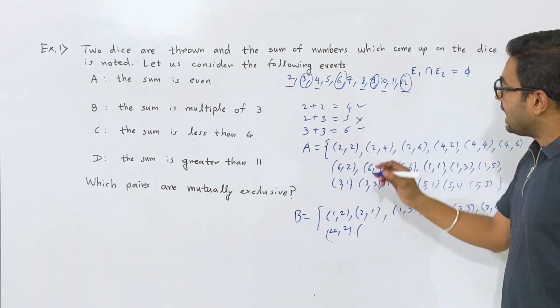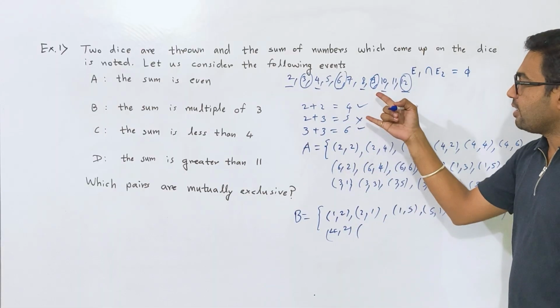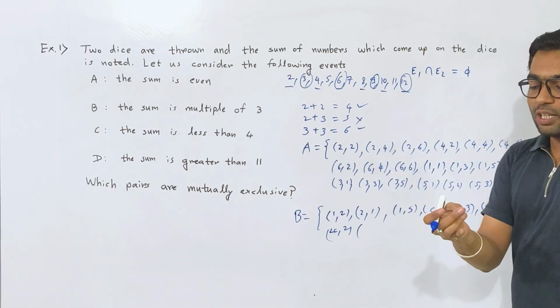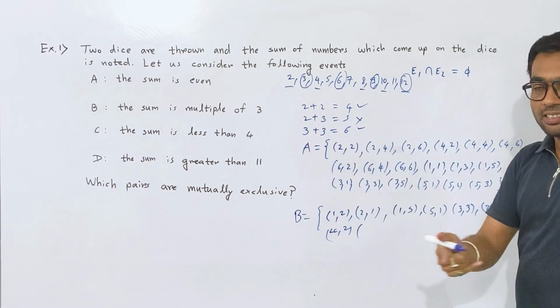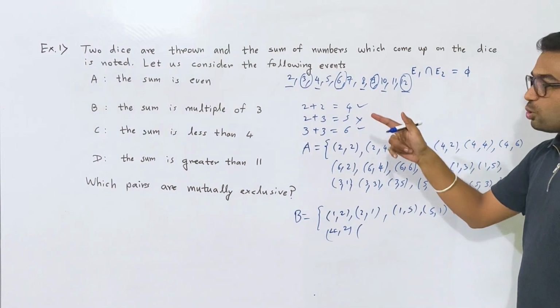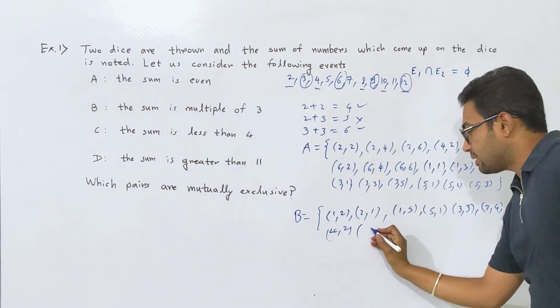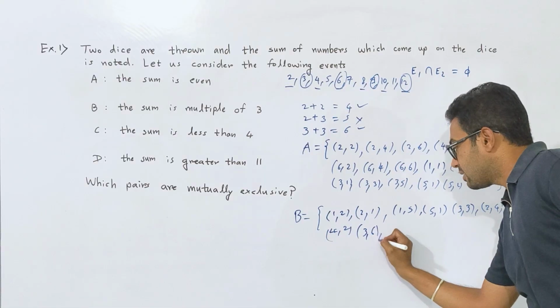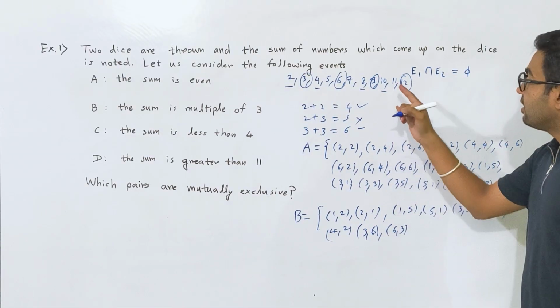So how can I get 9? With 1 I cannot combine anything to get 9, because there are only 1, 2, 3, 4, 5 and 6. So 1 plus anything among these 6 numbers cannot give you 9. 2 is also not possible. 3, is it possible? Yes. If I combine 3 with 6, that will give you 9. Similarly, 6, 3 is also 9.